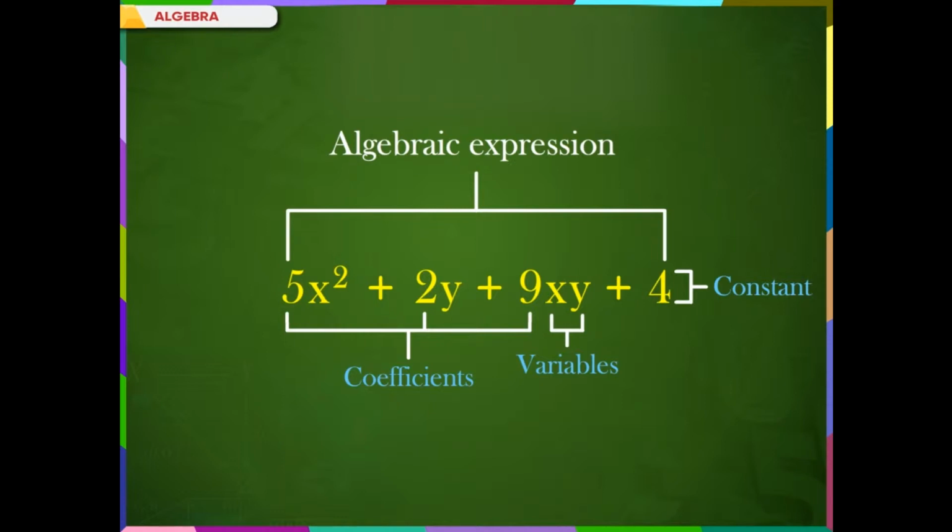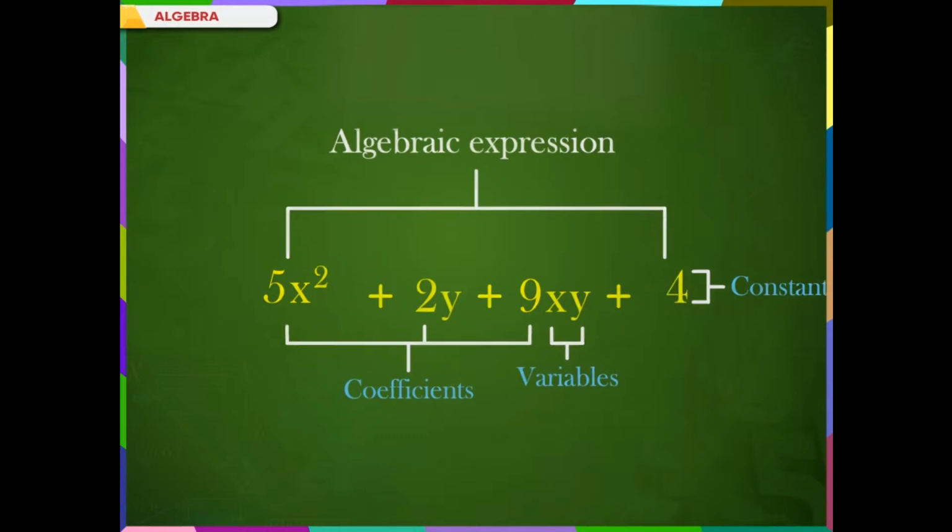In this expression, 5 is the coefficient of x to the power 2, 2 is the coefficient of y, and 9 is the coefficient of xy. An algebraic statement can have more than one variable or constant.